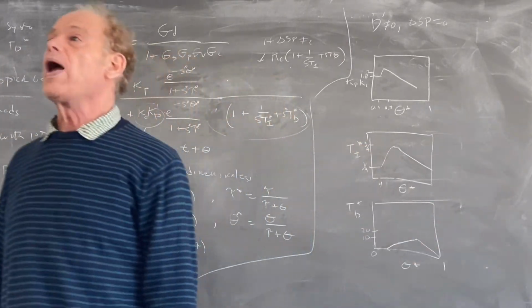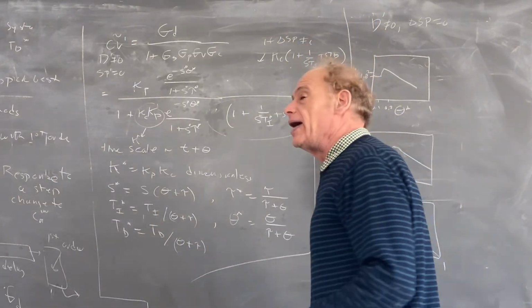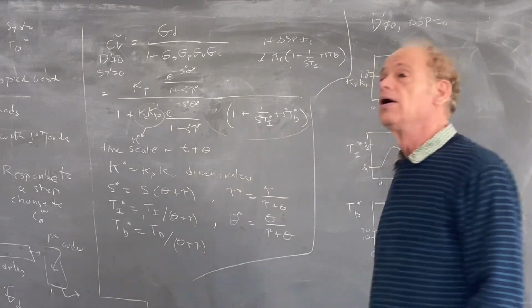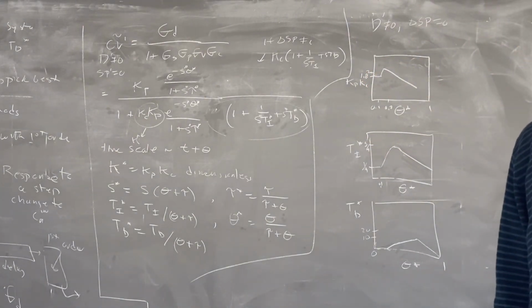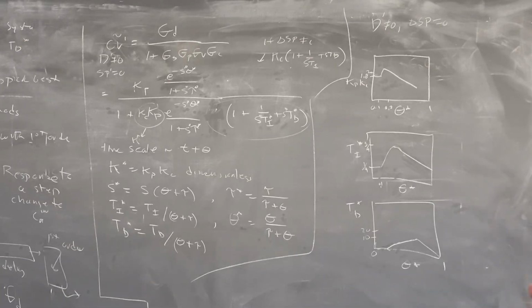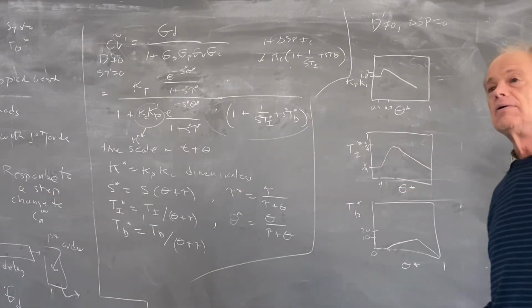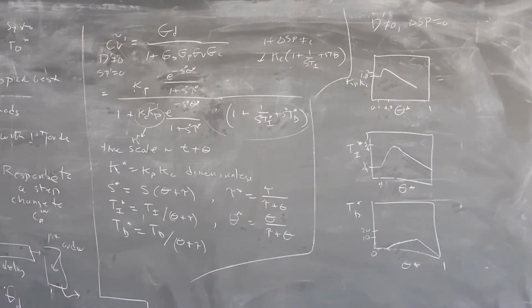Now, how about TD? When I have a situation where there's no delay, theta is 0, I don't need to anticipate. As soon as I turn the knob, something happens. I don't need to anticipate. However, when I have big delays, then just as in the shower, it's too cold, I turn the hot water, nothing happens.